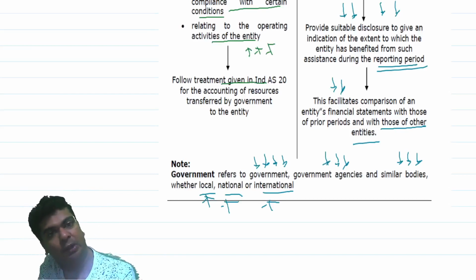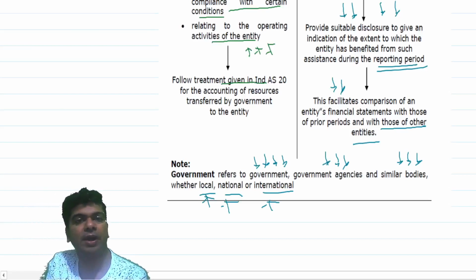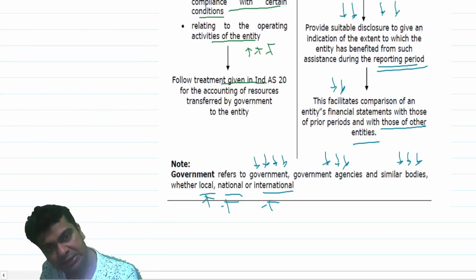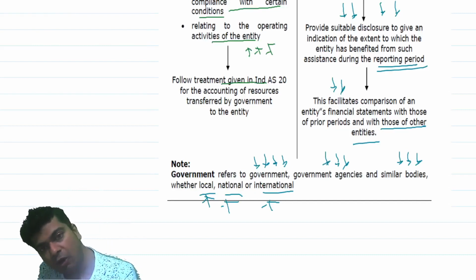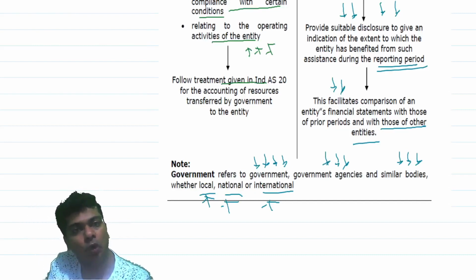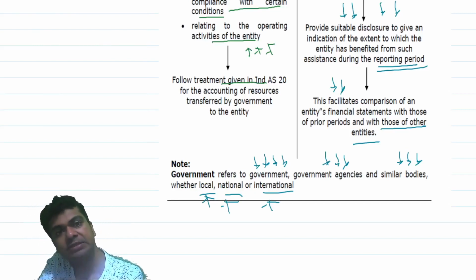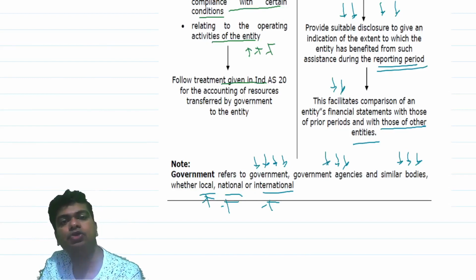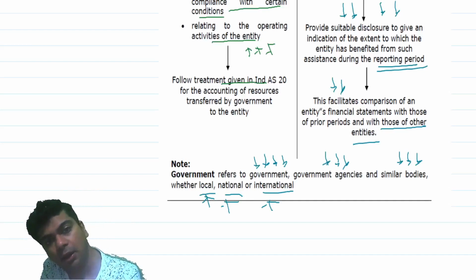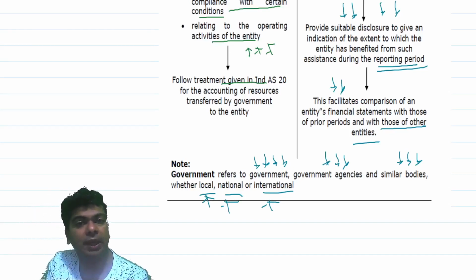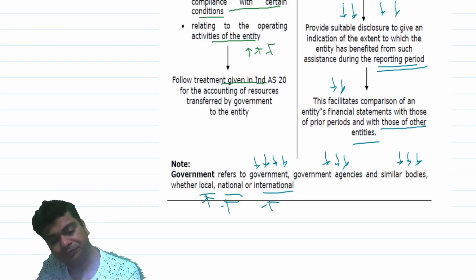Any scheme announced by them because of which you are getting benefited, we will consider as government assistance. Government assistance needs to be disclosed, but if the government assistance ultimately results in a transfer of resources to the entity, then it becomes a government grant, and the government grant has to be adequately accounted for.